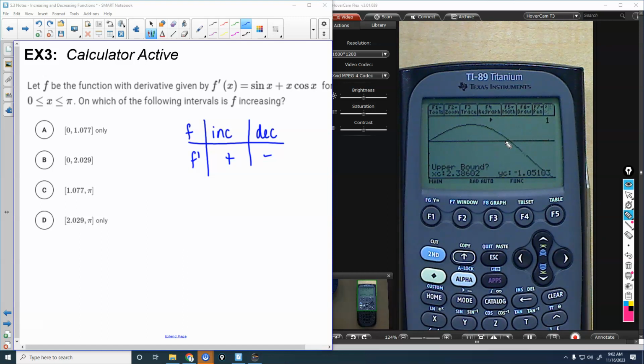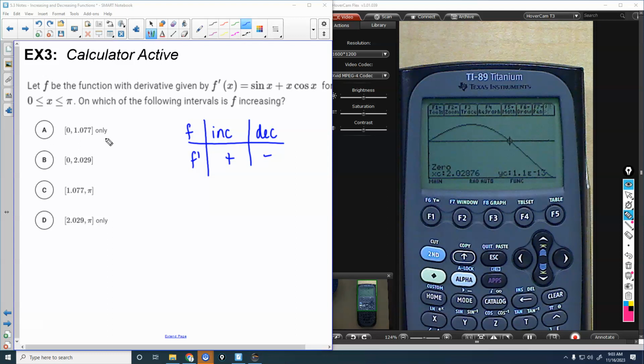It can be confusing because we were above it, and upper and lower makes you think above and below, but it is not. It is left and right. You're thinking above and below on the x-axis. So we're going to hit enter, and then it will give you the 0 there, which is 2.029.